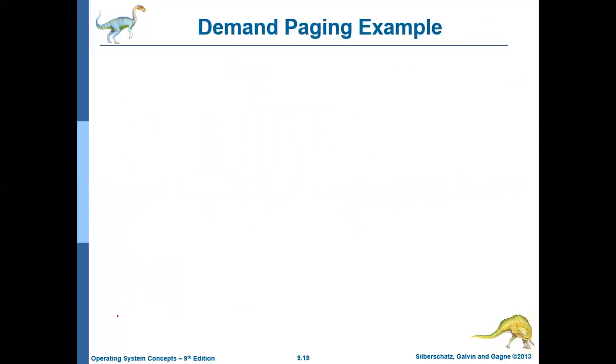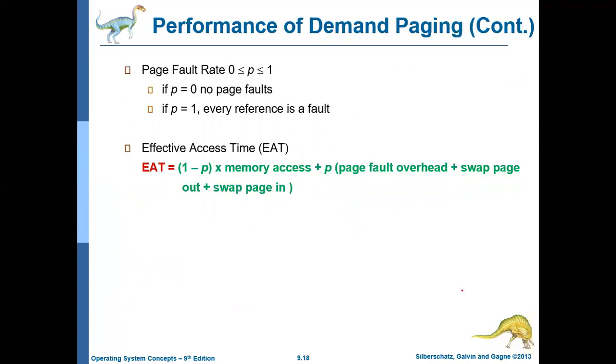Let us discuss this with an example. To make this calculation simple, we are assuming that there is an empty frame available in the main memory. It means that we need not swap out a page and then swap in. So we are neglecting this part.